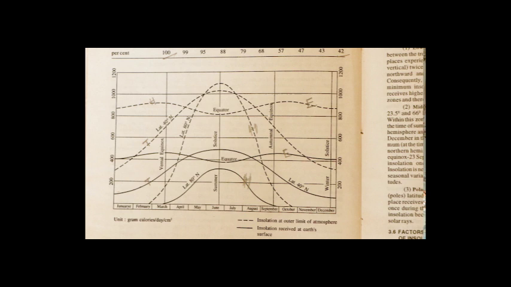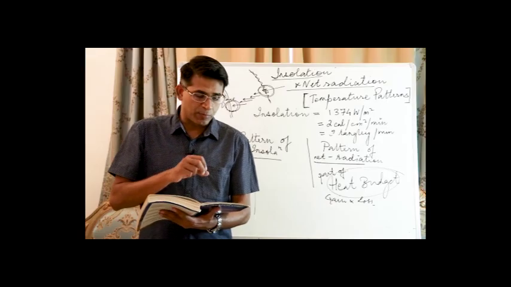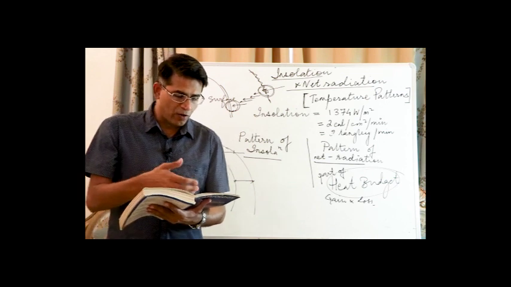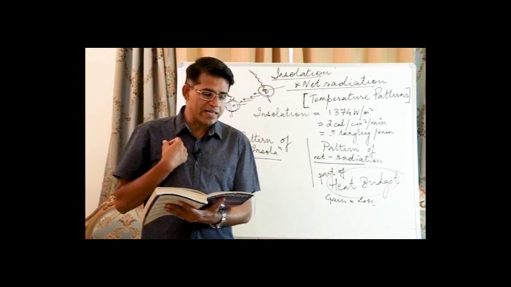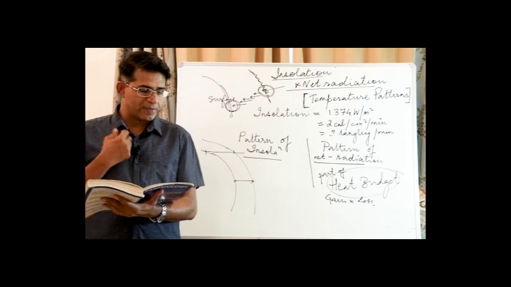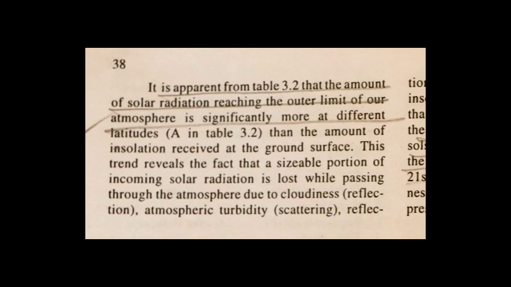Now, if you compare this discussion with what is written in the textbook, you can follow me on the textbook now. Page 38, first sentence, it says, it is apparent from the table 3.2 that the amount of solar radiation reaching the outer limit of our atmosphere is significantly more at different latitudes than the amount of insolation received at the ground surface.